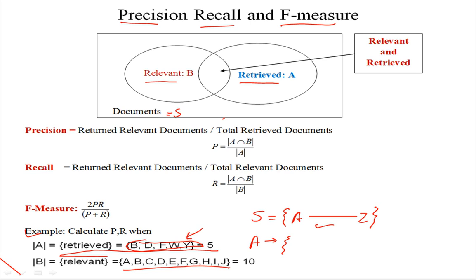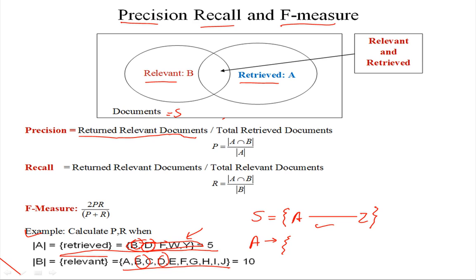Then precision will be the returned relevant documents divided by the total number of retrieved documents. Here we retrieved a total of 5 letters, of which we will now check which are common.